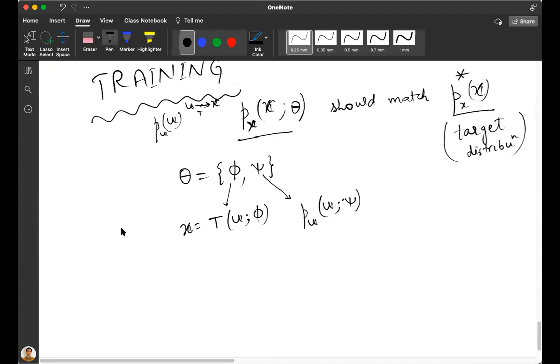There are different things that you can use, like somebody mentioned KL divergence. What else? Cross entropy.